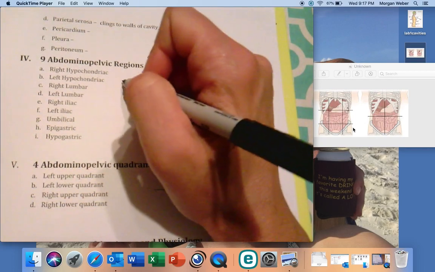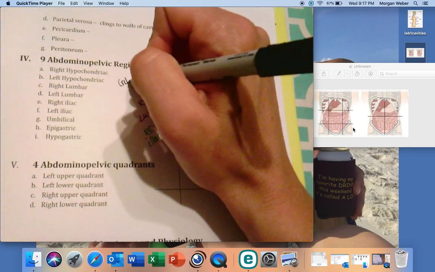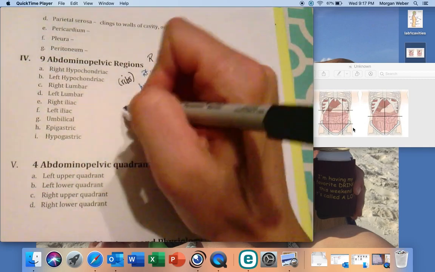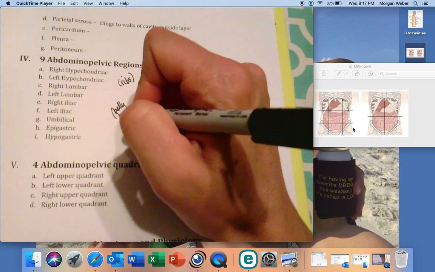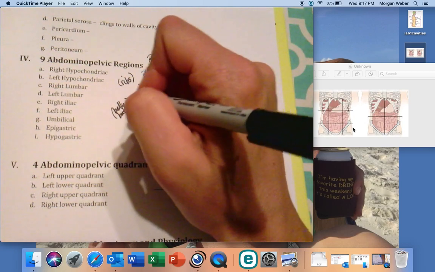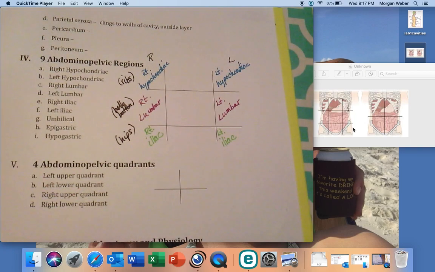And so just so we have it in our notes in case we don't have the picture available, we're going to put in parentheses that this is my ribs. This would be my belly button area. And this is my hips area. So you remember which area it is that we're actually talking about.